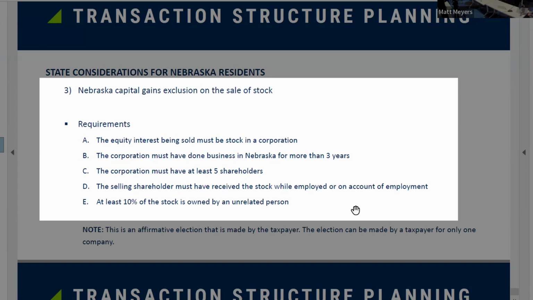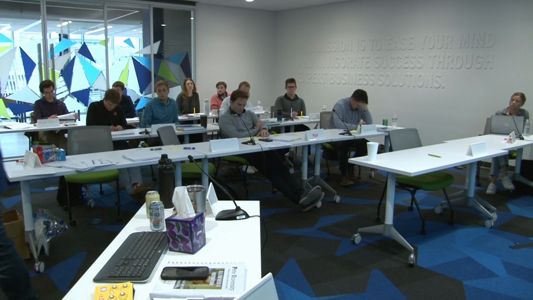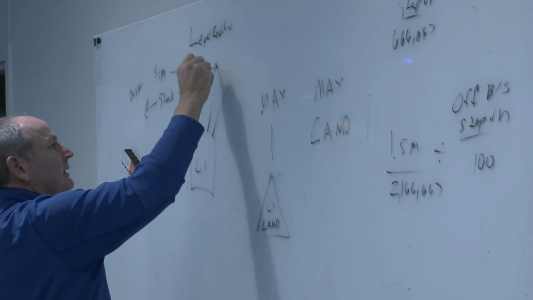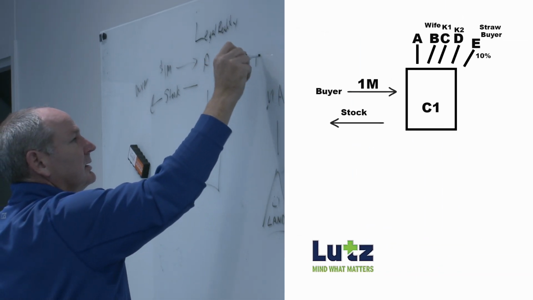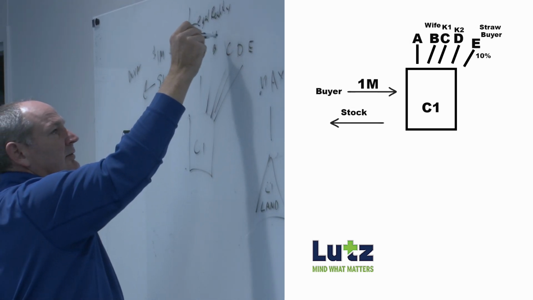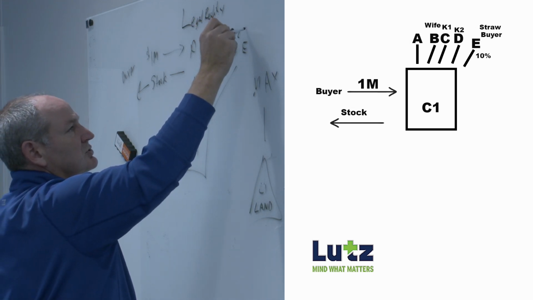So if you meet those requirements and you sell the shares, say I have C1 with 5 shareholders, A, B, C, D, and E, and this is wife, kid 1, kid 2, and straw buyer.